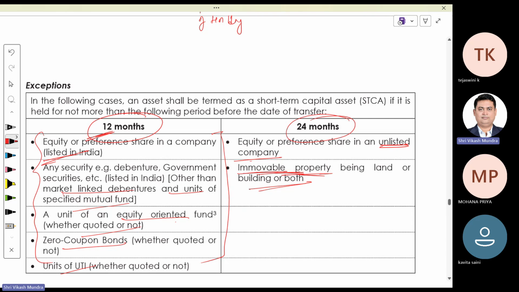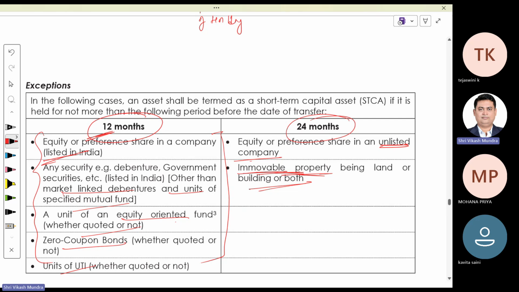For the 12-month criteria: equity or preference shares which are listed, any securities which are listed other than market linked debentures or units of a specified mutual fund, units of an equity oriented fund whether quoted or not, zero coupon bonds whether quoted or not, and units of UTI whether quoted or not. In these financial assets, if the period of holding exceeds 12 months, then the capital asset is long-term, else it would be considered short-term.